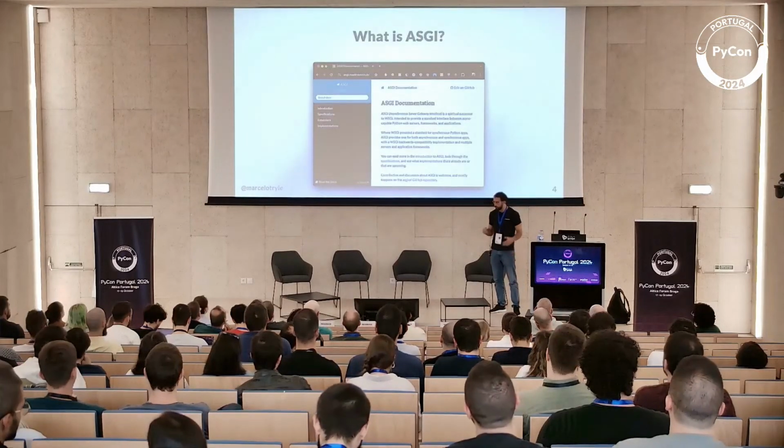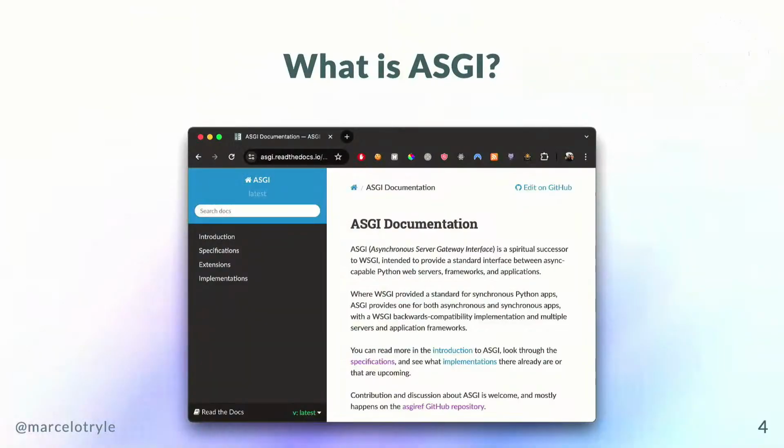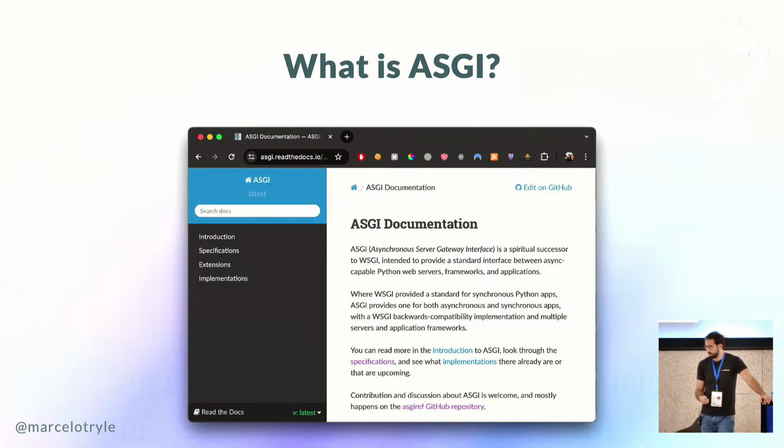Anyway, so what is ASGI? ASGI is the interface that comes after WSGI, which is the interface that tells how you interact between the application and the server. So WSGI was used for Django, Flask, and Gunicorn, and all those that don't use async.